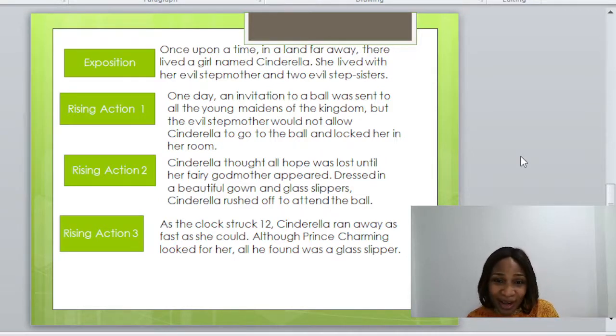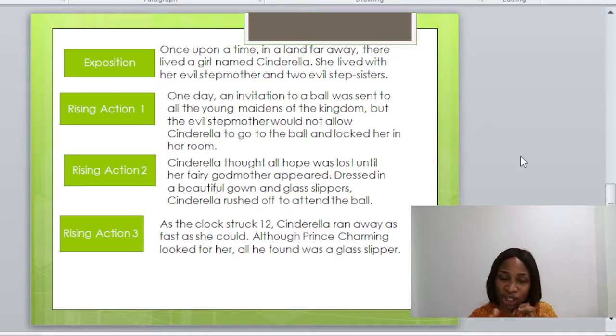One day, an invitation to a ball was sent to all the young maidens of the kingdom. But the evil stepmother would not allow Cinderella to go to the ball and locked her in her room. Cinderella thought all hope was lost until her fairy godmother appeared, dressed in a beautiful gown and glass slippers.